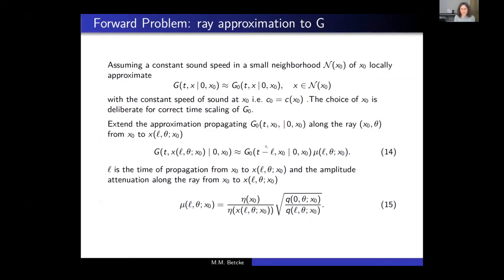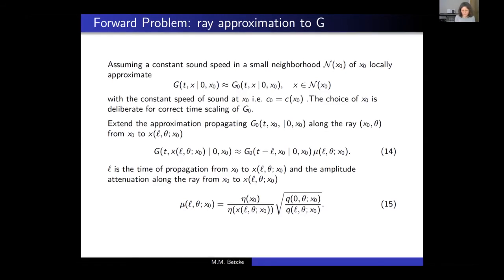There is also some synchronization coming in here, a shift in time of propagation, because it takes finite time to propagate along the ray. Then this new coefficient comes exactly from my ray amplitude coefficients that I had before. You remember I had A and A0, so this was the coefficient between the two. And this is exactly what is going to be applied to this G0 to produce my unknown Green's function G.